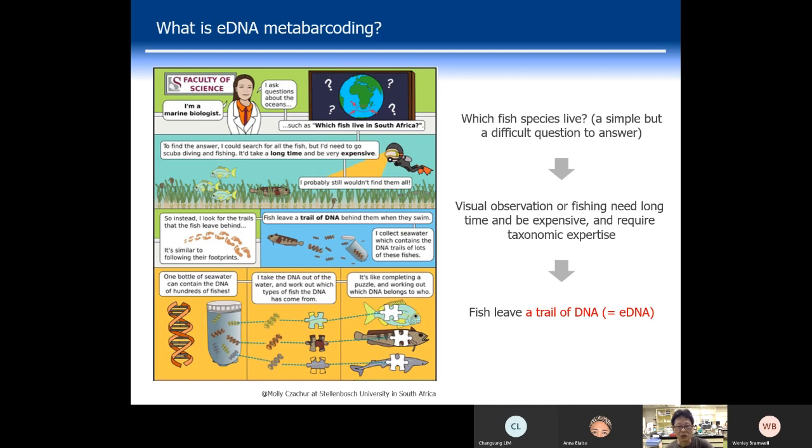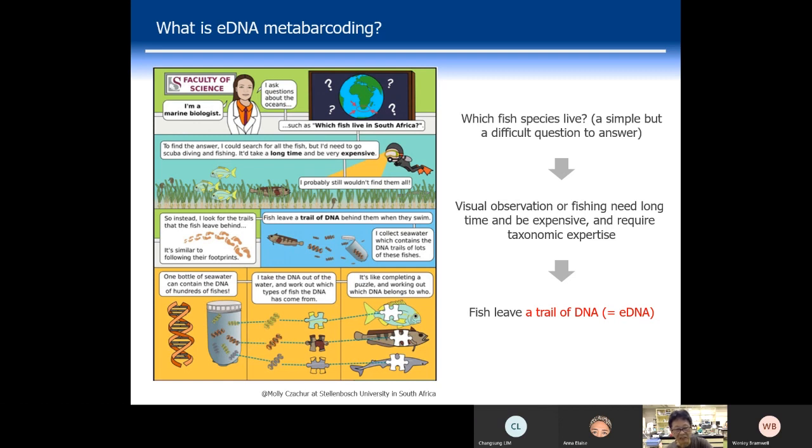Visual observation or capture-based sampling need a long time, can be very expensive, and require taxonomic expertise. A recent study demonstrated that fish leave a trail of DNA, which is called environmental DNA.